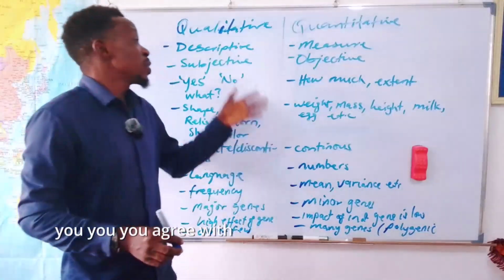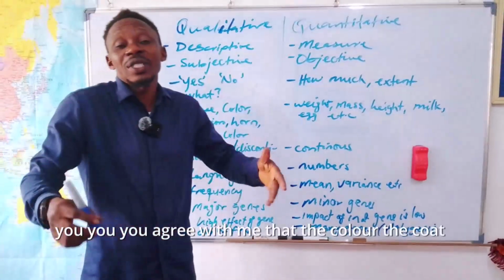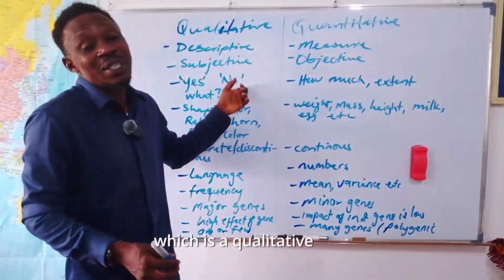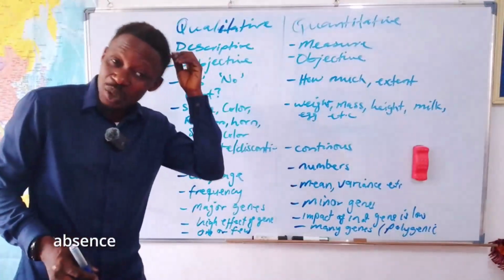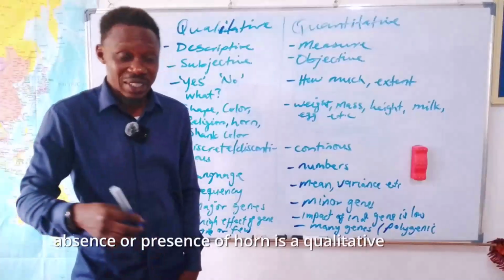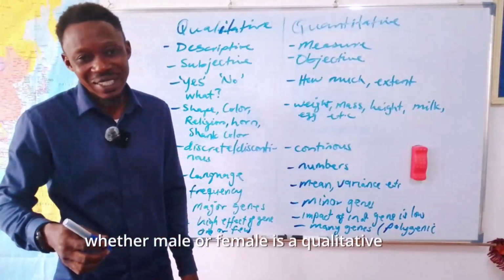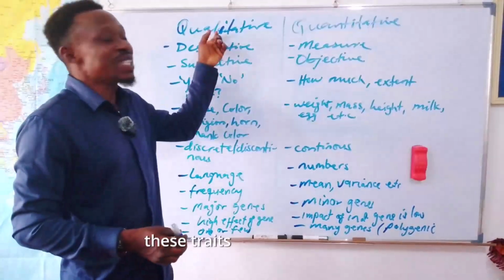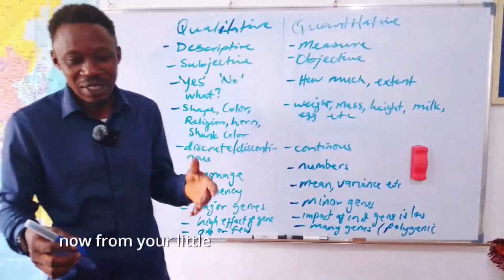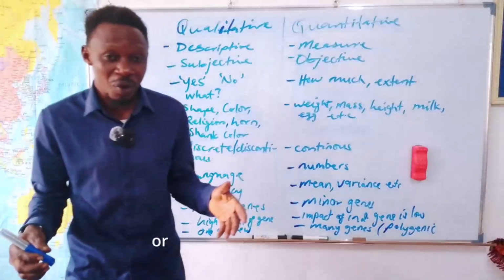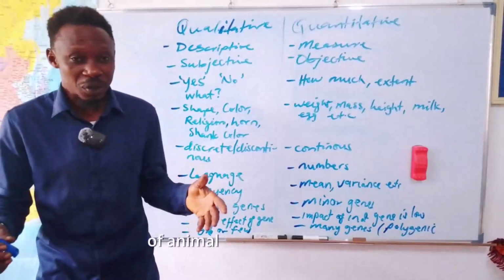You will agree with me that the coat color, for example, which is a qualitative trait, is so. Absence or presence of horn is a qualitative trait. Sex, whether male or female, is a qualitative trait. These traits are just mentioned now from your little observation around your farm or your little knowledge of animal science.